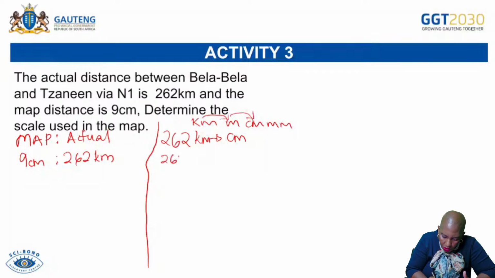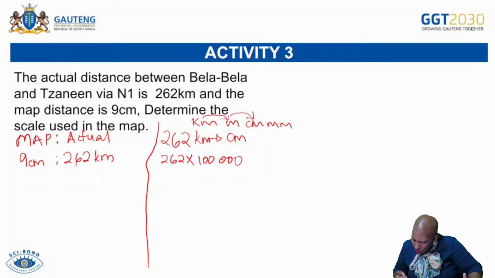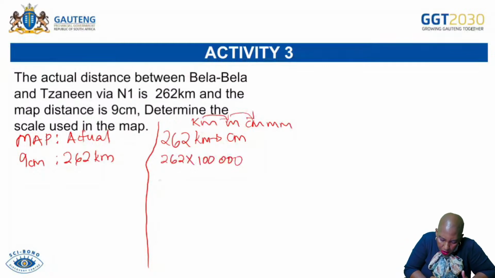So we'll say 262 multiplied by 100,000. It will give me 26,200,000.